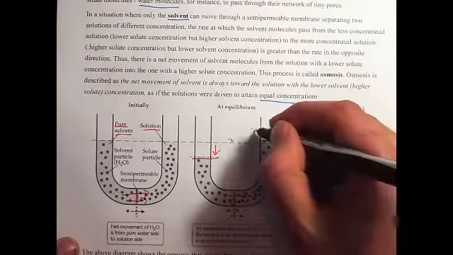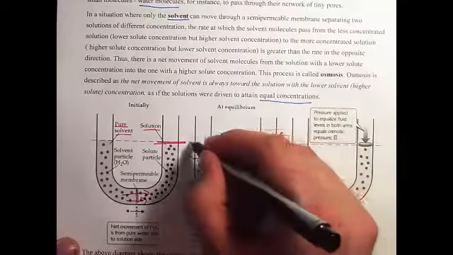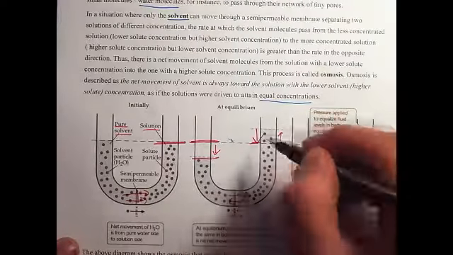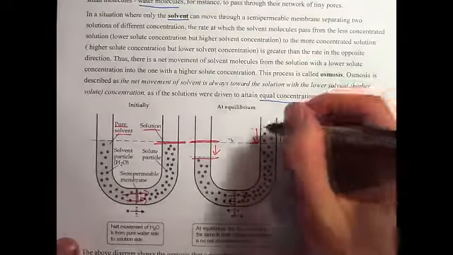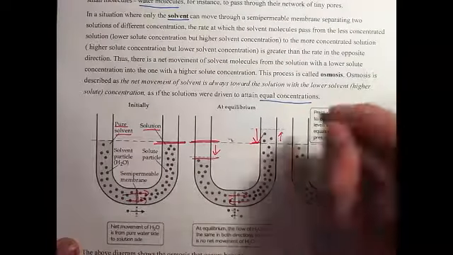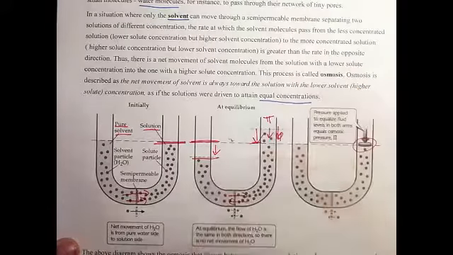We can see our start level, and we can see how much we've dropped from our start level. The difference here is how much pressure I have to apply to this side using something like a piston to push this back down. That is called osmotic pressure.